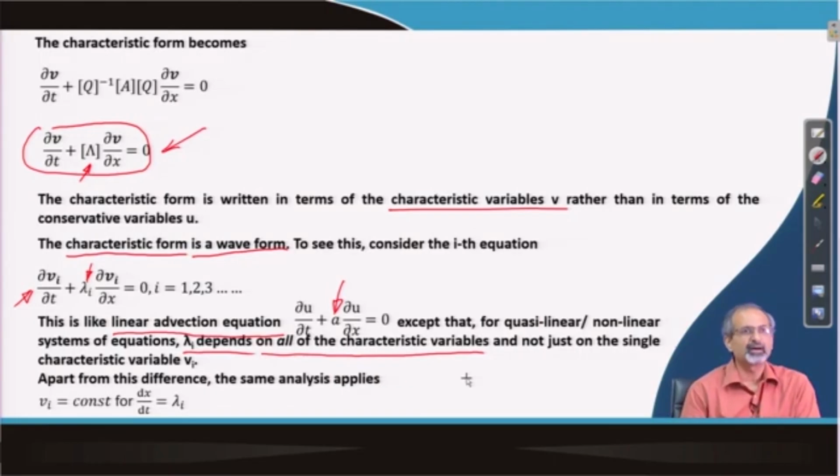It will be influenced by other v's also. That is a distinct issue in nonlinear partial differential equations or even quasi-linear hyperbolic partial differential equations. But apart from that, the analysis is very similar. If we look back at the concept of characteristics that we were discussing in some of the previous lectures, the v i, the characteristic variable, will remain constant as long as you are moving along a certain characteristic which is defined by dx/dt equal to lambda i.